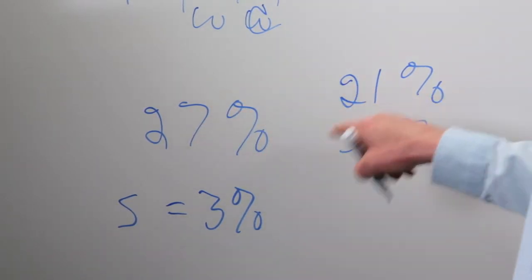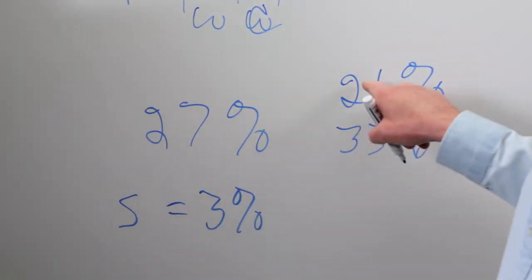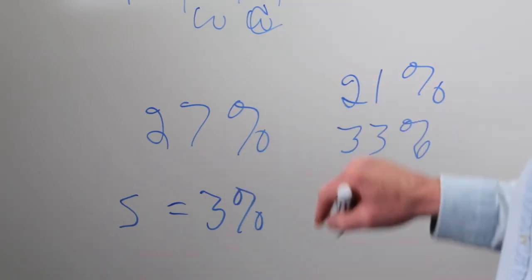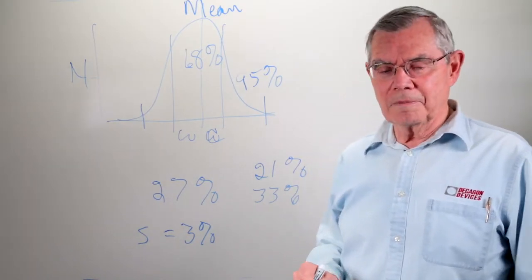The mean value plus 2 times the standard deviation and the mean value minus 2 times the standard deviation.